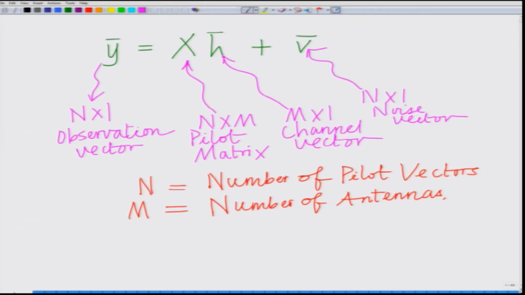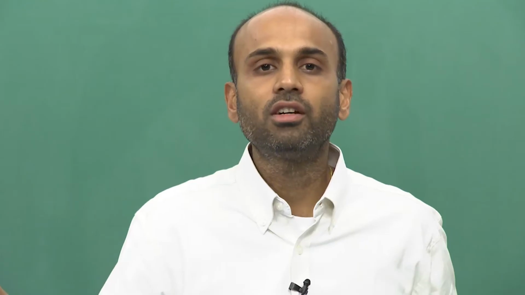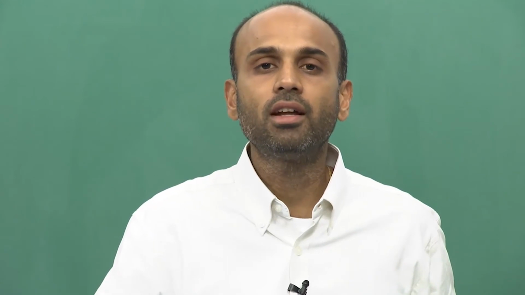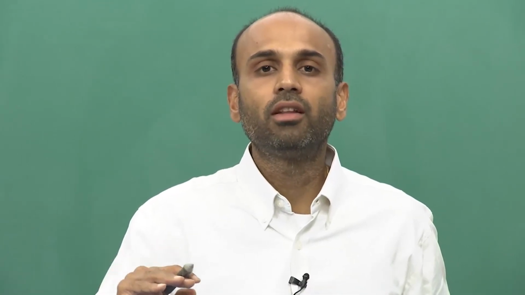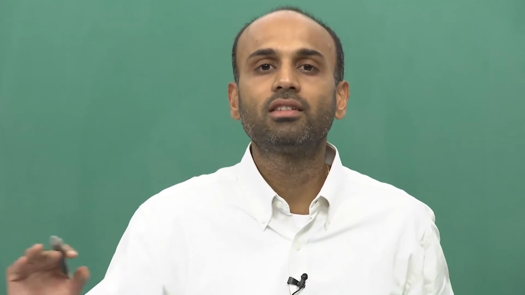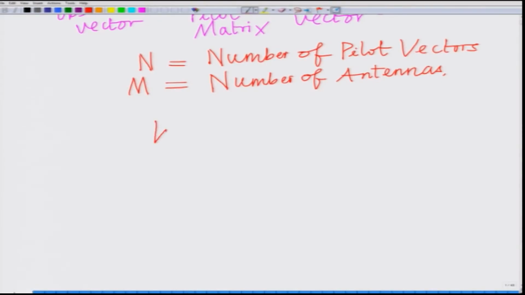It contains the M channel coefficients, one channel coefficient corresponding to each transmit antenna and the single receive antenna. Alright. So, for instance, if you consider the ith transmit antenna, the channel coefficient between the ith transmit antenna at the base station and the single antenna of the user is denoted by the coefficient h_i. Okay. So, h bar is this vector parameter, that is what we are talking about.